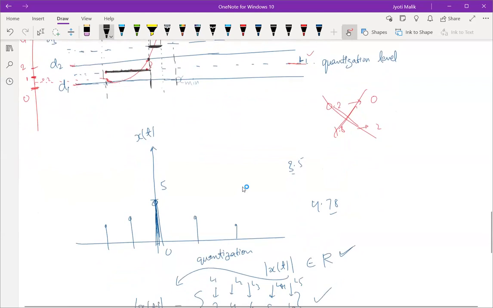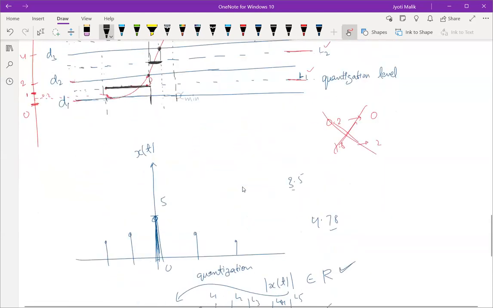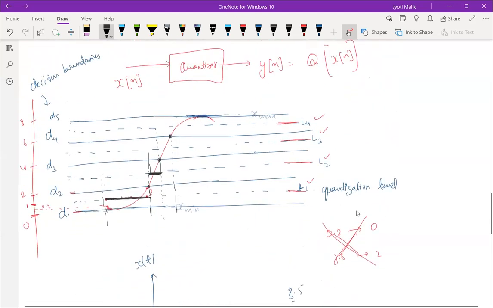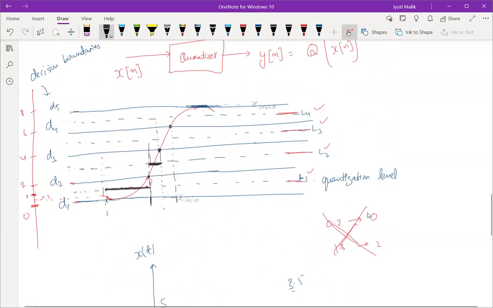Yeah, okay. Let me clear that point. This is the very basic quantization, which we do. But after that, there are improvements to it, like adaptive quantization. In this case, this was the very first, very basic type of quantization. In adaptive quantization, the quantization levels will be adjusted as per the signal variation.